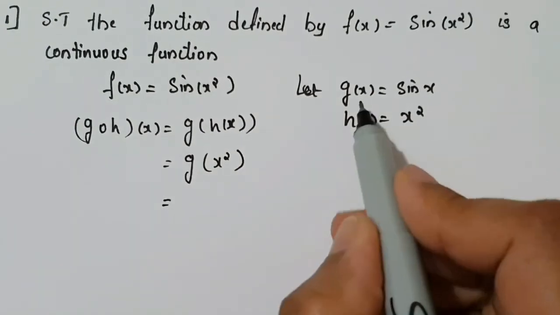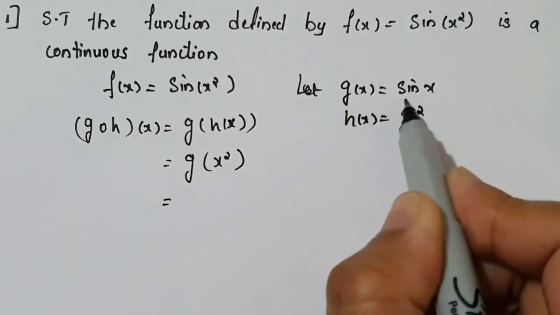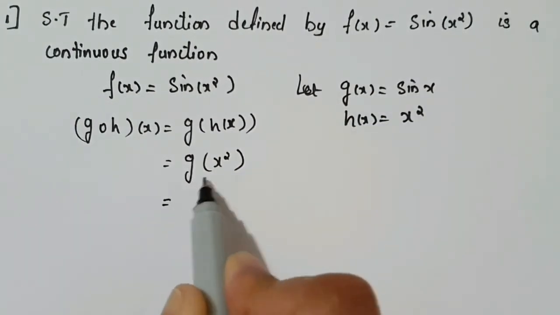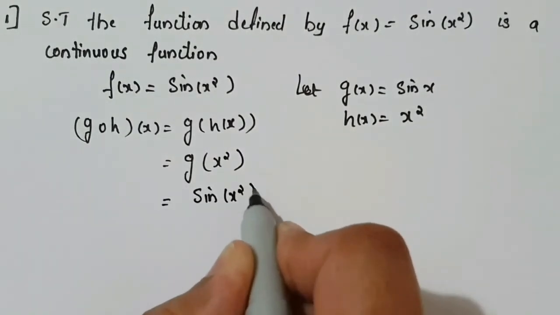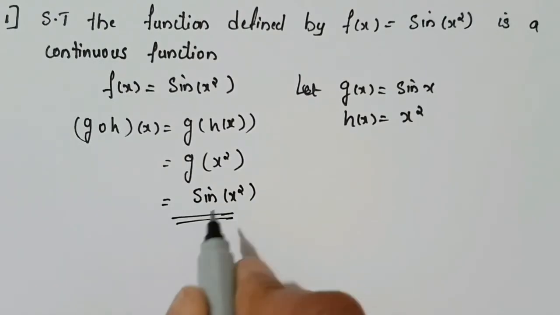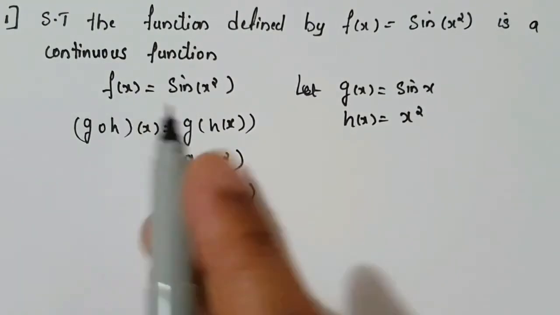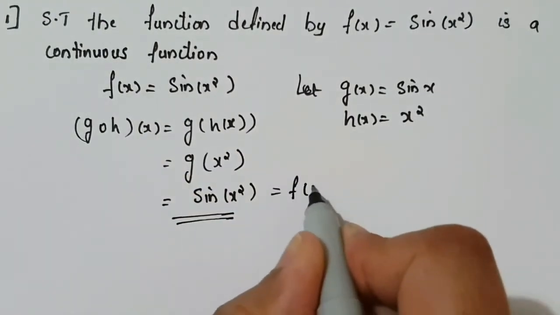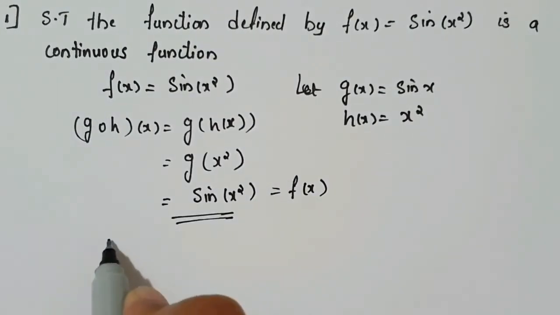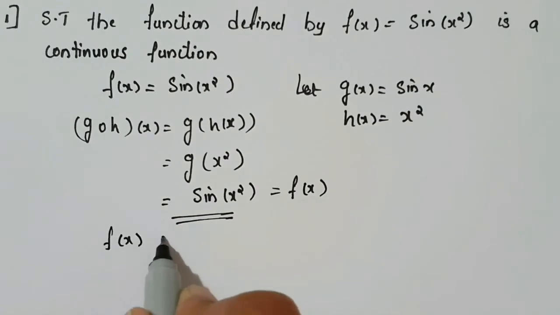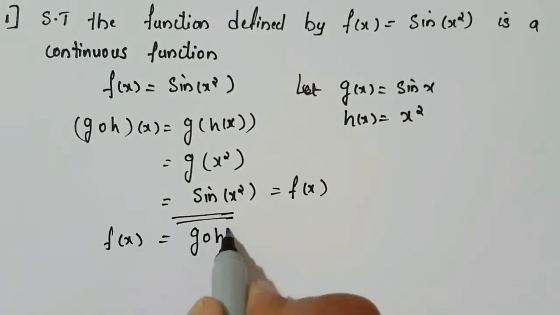We have g of x equal to sin x. Therefore, g of x square is equal to sin of x square. Now, what is sin of x square? This is f of x. So we can write f of x equals g of h of x.